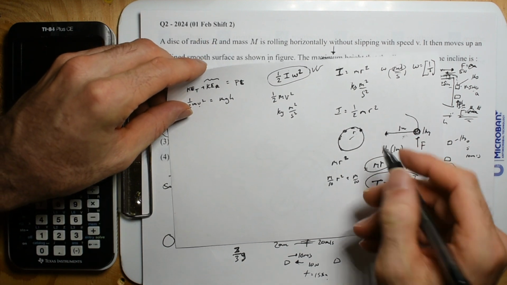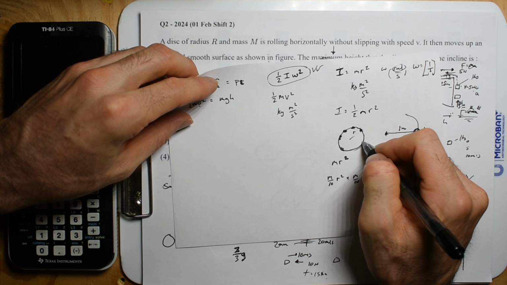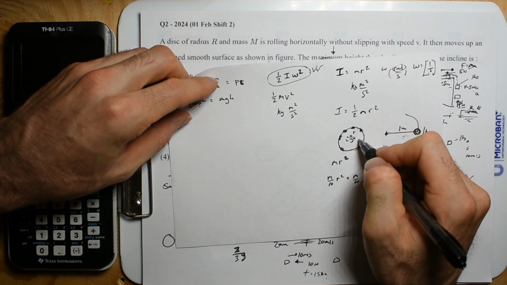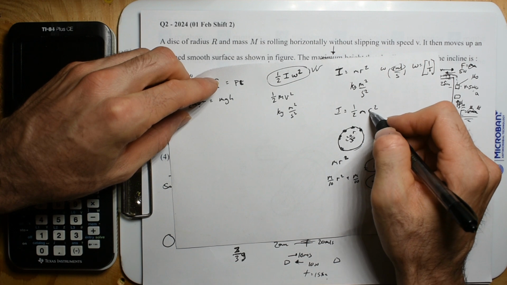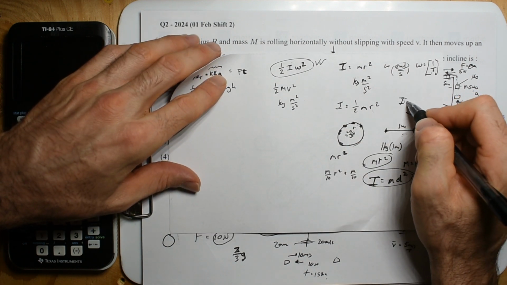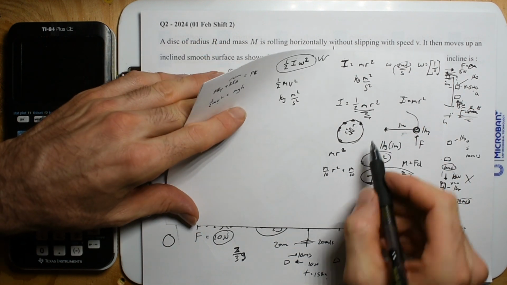And then for a disk, you don't have your masses out at the perimeter, so a lot of your masses are close to the center, and then the distance squared is just much smaller. So instead of mr squared for a hoop, you have 1/2 mr squared.